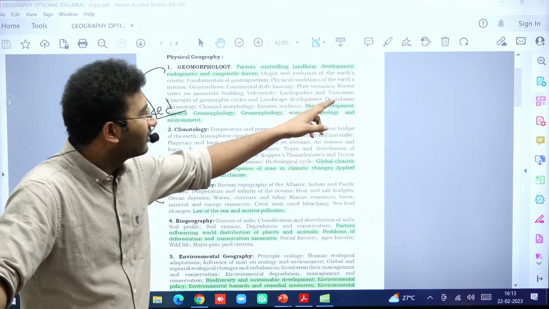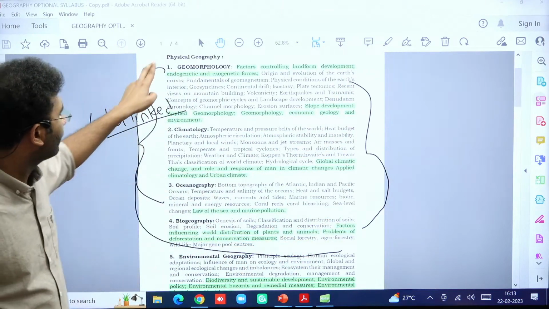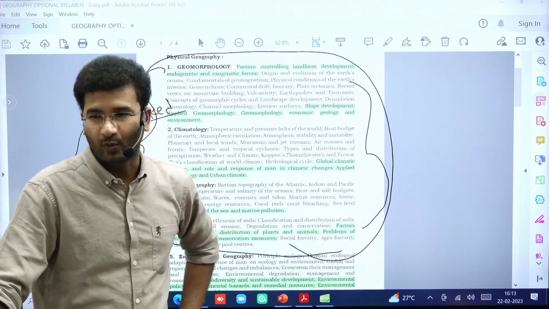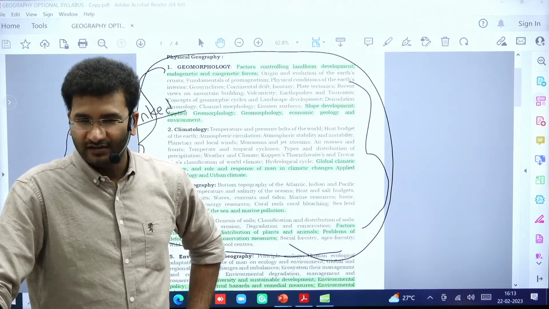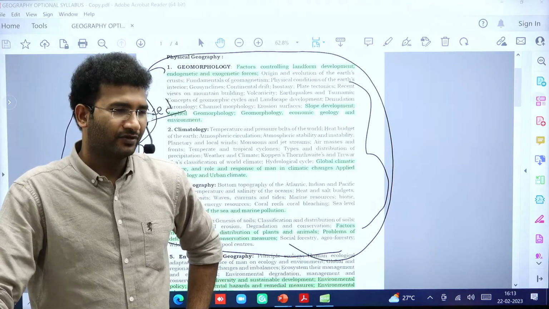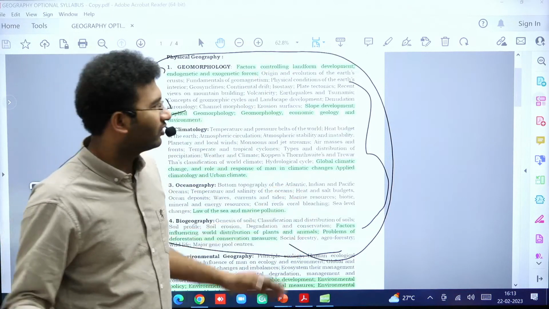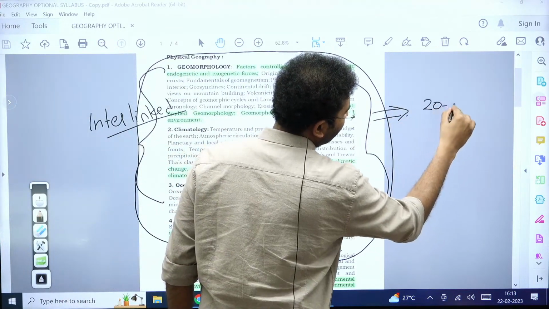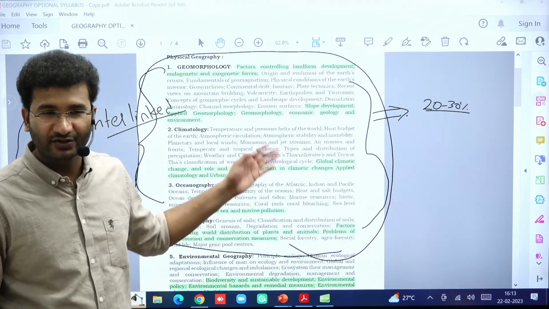So, when we collectively complete these topics, the rest of geography is a cakewalk. The mistake that many students make is that they think this is geography. This part of geography is only the weightage of about 20 to 30% of the marks. But the rest of geography is human geography.